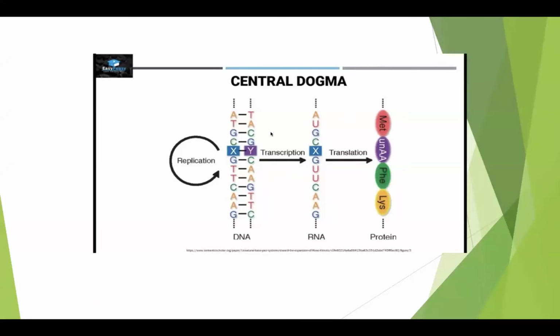The DNA is made of nucleotides, which are adenine, thymine, cytosine, as well as guanine. This is what makes the DNA strand. The adenine pairs with the thymine, and the cytosine pairs with the guanine.